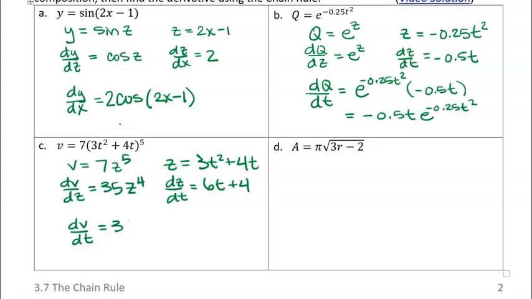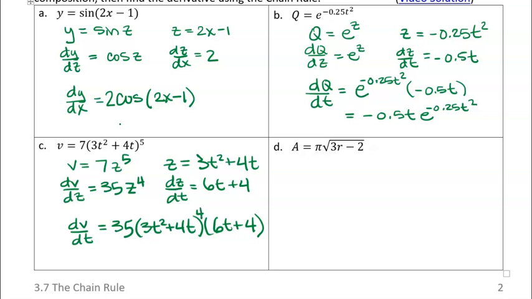So 35, and then we have z to the 4th, but we have to replace z with what z is, which is 3t squared plus 4t, and then we multiply by 6t plus 4. Oops, I forgot the 4th power.